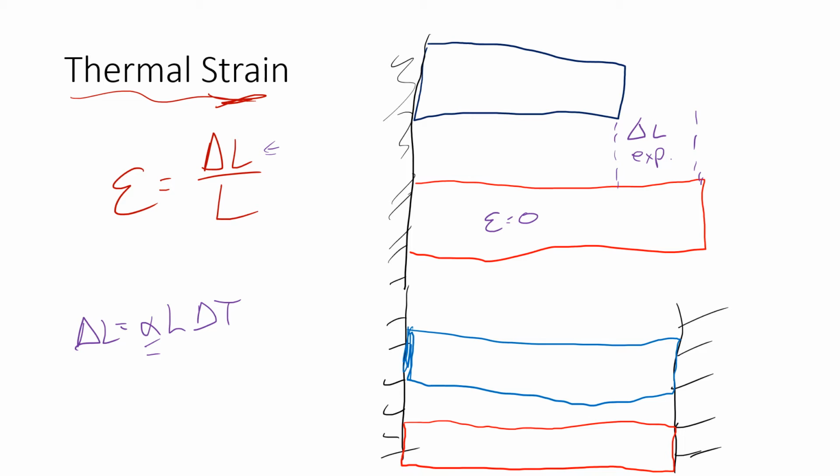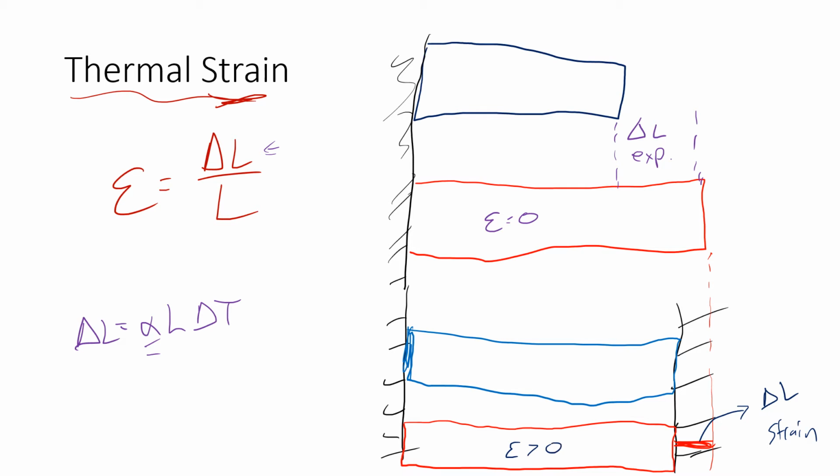So there's no delta L for expansion here, but it would want to expand this much. But it's being compressed by the walls, so it can't do that. So this is going to be a delta L, and this is going to be for the strain. So it is going to have strain on this one.